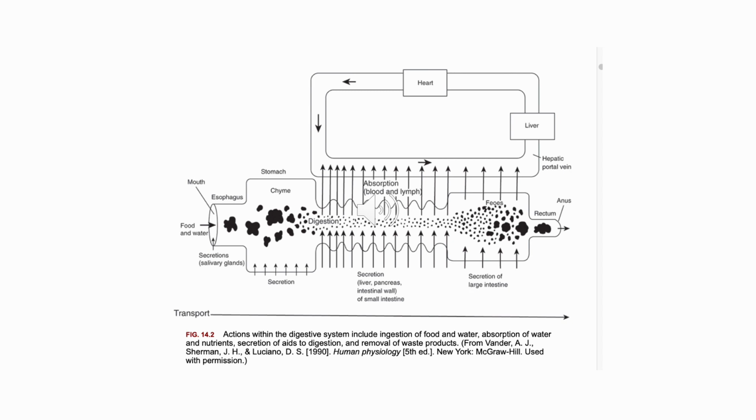We can understand that digestion begins in the mouth. This is where food is chewed and mixed with enzyme-rich saliva, which is secreted by the salivary glands. The food passes from the mouth to the anus through the digestive tract.